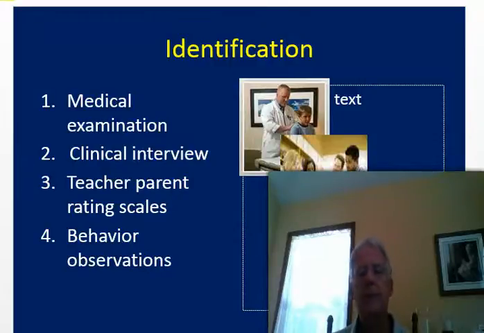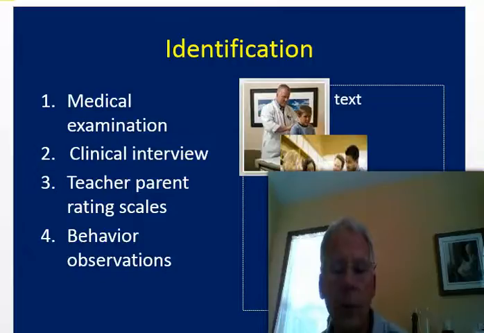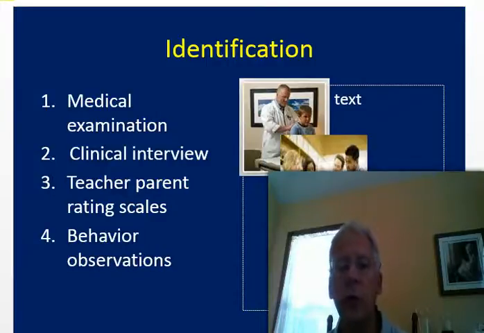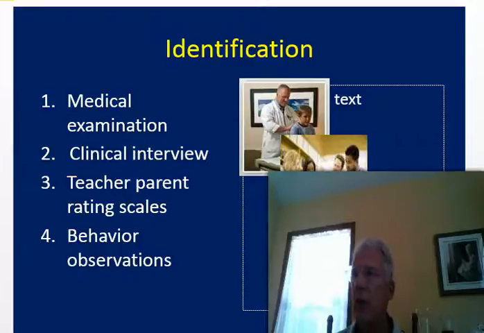Identification. Today, nowadays, someone who has ADHD, it's not something that you can really diagnose within the school. It requires a medical examination. It requires a clinical interview, which can be done in schools with a school psychologist.